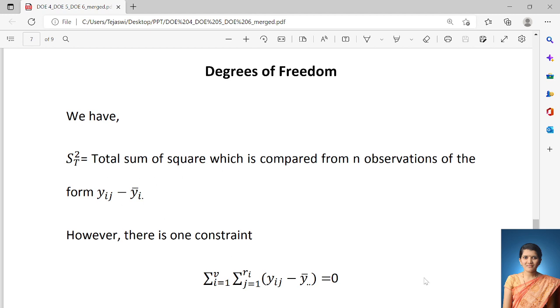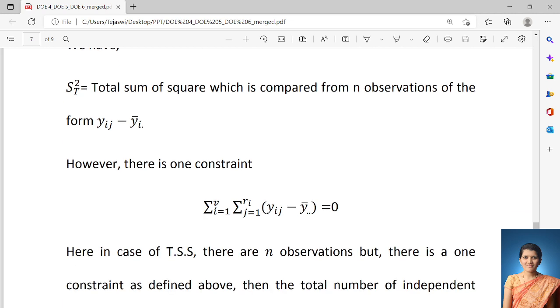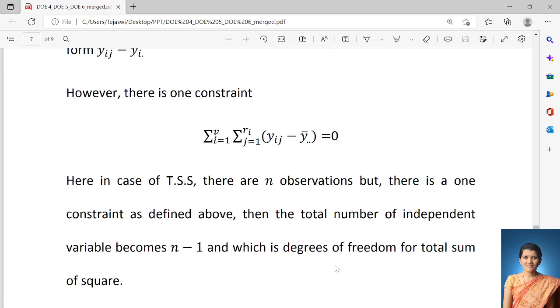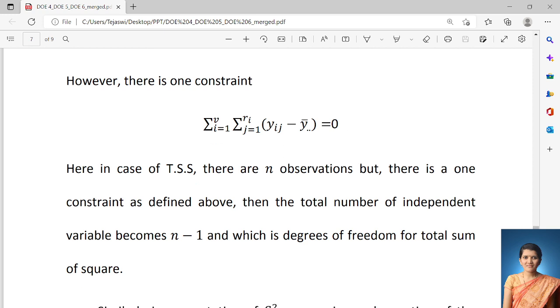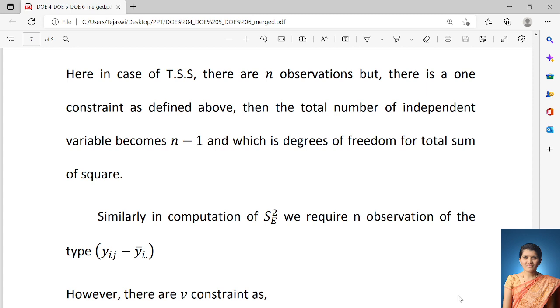However, there is one constraint: double summation of (yij minus y dot dot bar) is equal to 0. So there are n observations with one constraint, and the total number of independent observations becomes n minus 1, which is the degrees of freedom. So the degrees of freedom for the total sum of square is n minus 1.